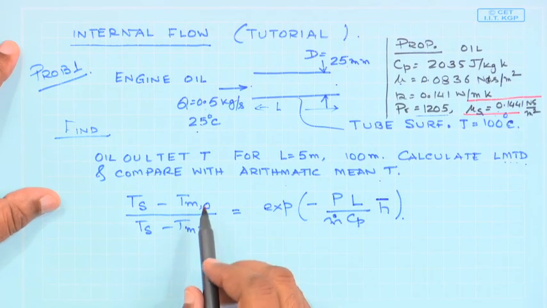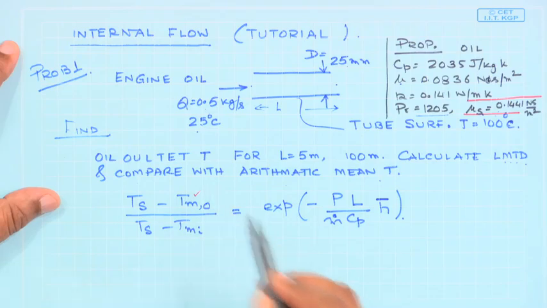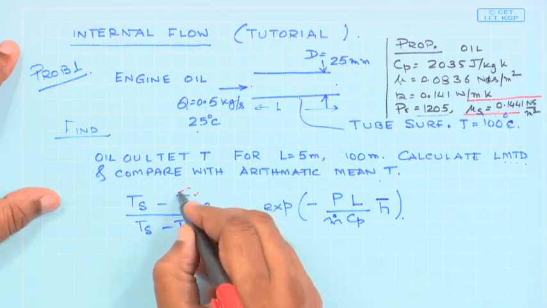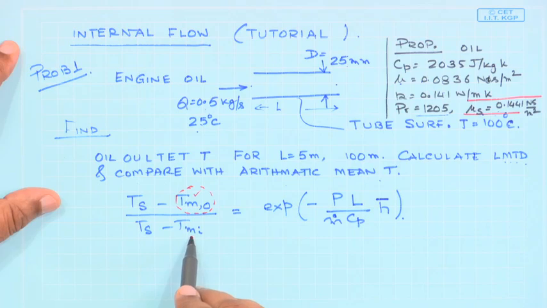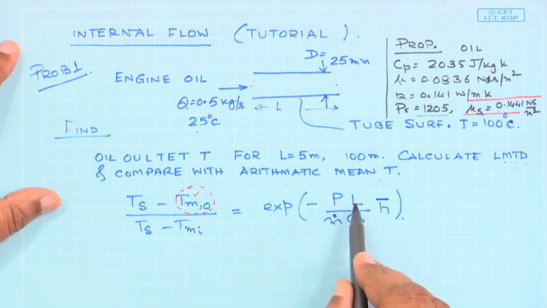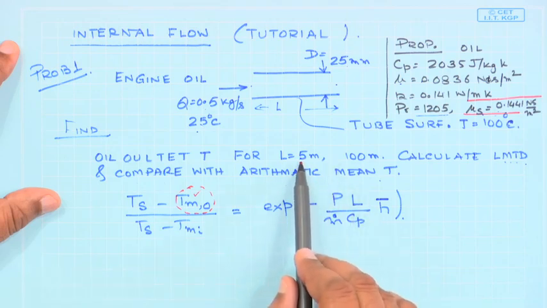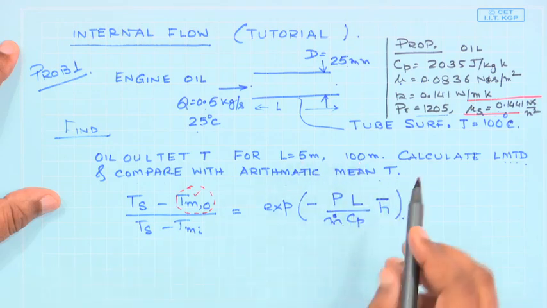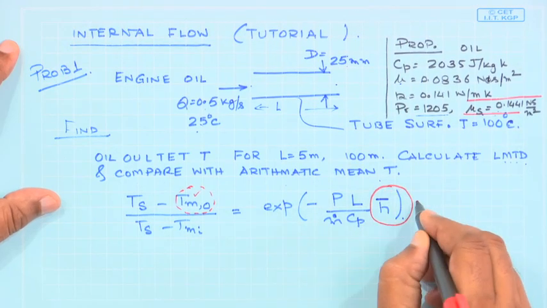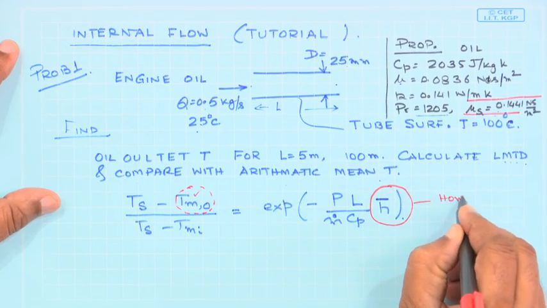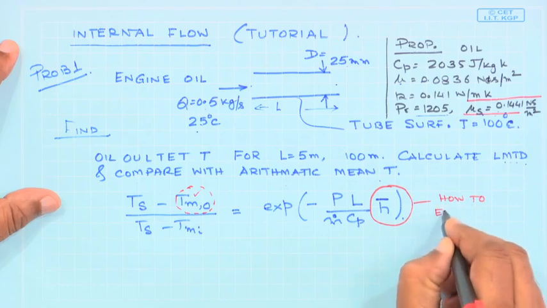So, we need to find out the value of the mean temperature at the outlet. Ts is provided, Tmi, the parameter, the flow rate, Cp etc. are provided. The length in one case is 5 meter and in the other case is 100 meter. So, the problem essentially boils down to how to evaluate h bar.